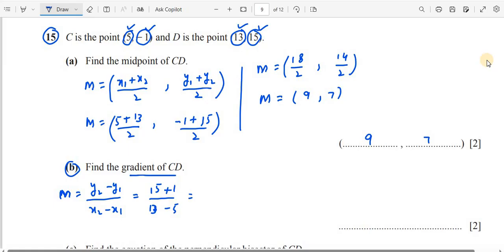So 15 plus 1 is equal to 16 over 13 minus 5 is equal to 8, so 16 over 8 is equal to 2. So m is 2.